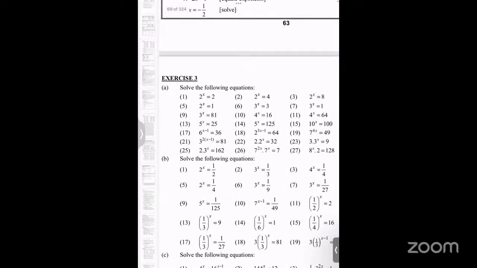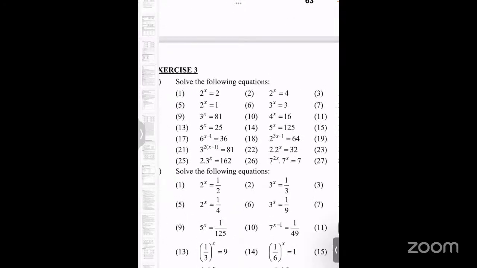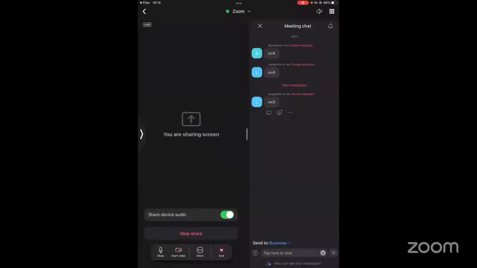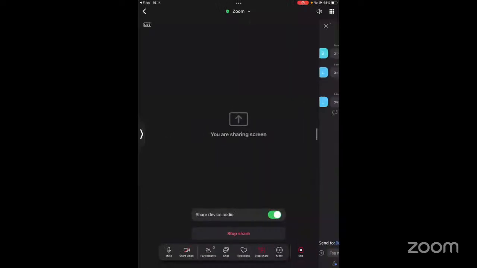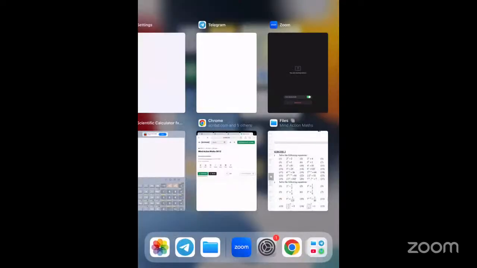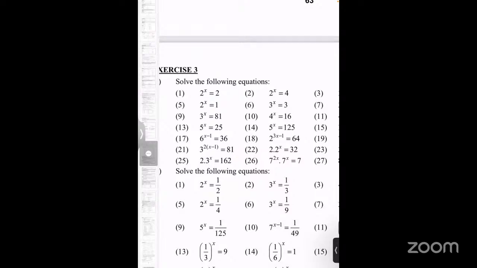Busisiwe, are you working on that number 21? Yes, sir. Okay, then it's fine. Let's see what Langlihle got. And then Langlihle, as you worked it out, did you check if the answer is correct, or you haven't checked before you commented? I checked if the answer was correct.